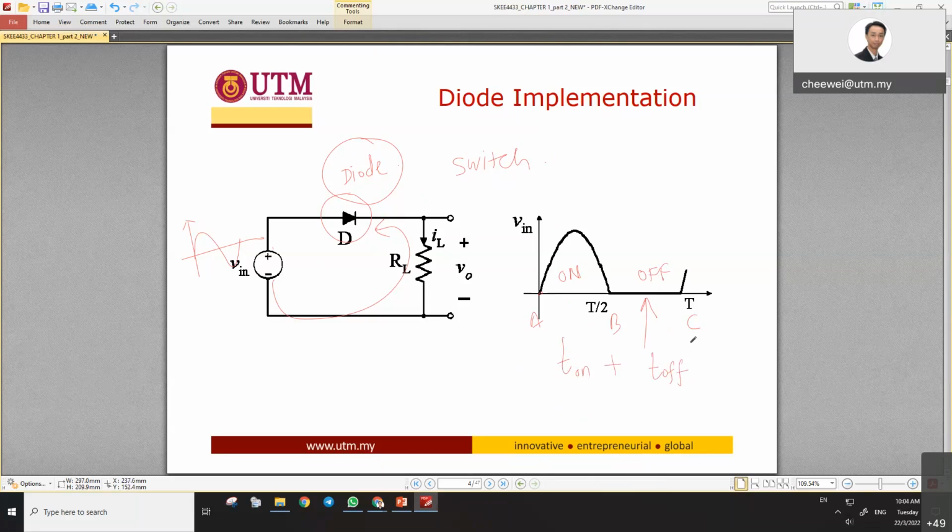If I add these two, it equals the period, capital T. And capital T equals 1 over F. So you are going to play around with T on, T off, and F. You need to know what they stand for: on time, off time, period, and frequency.